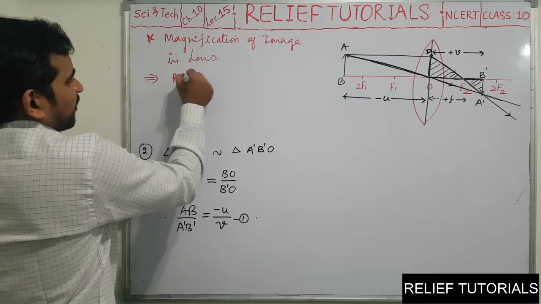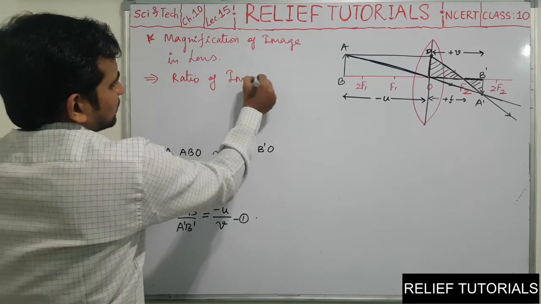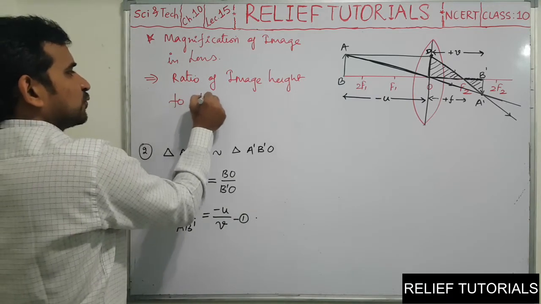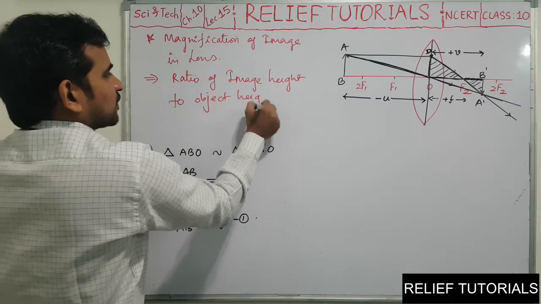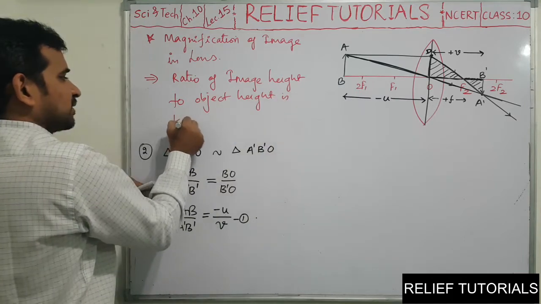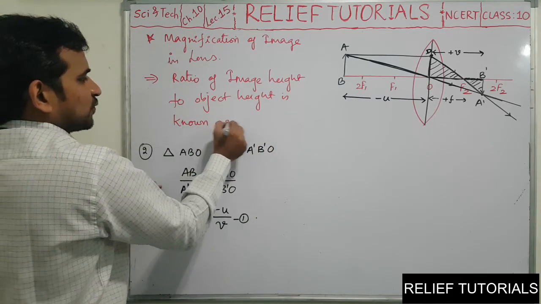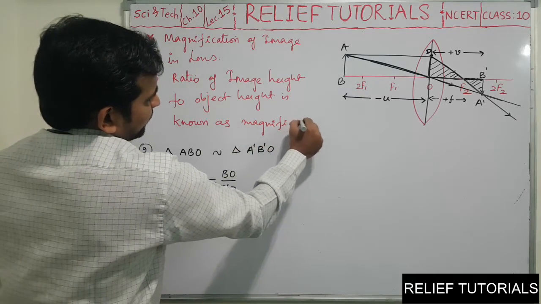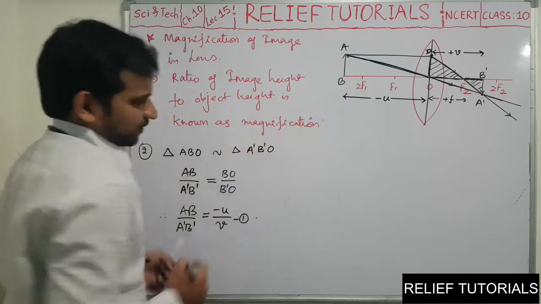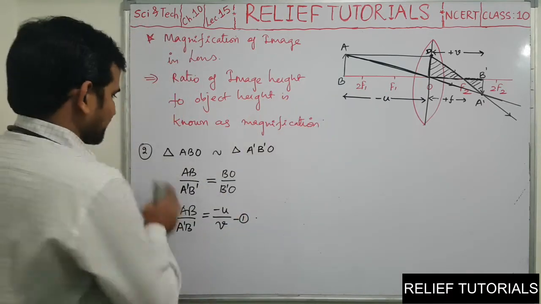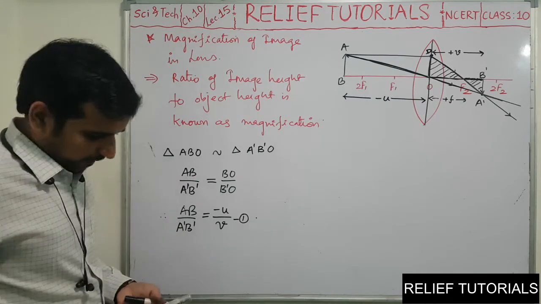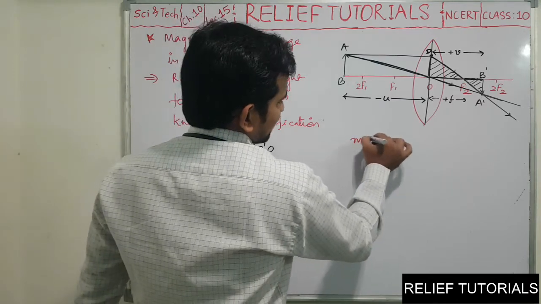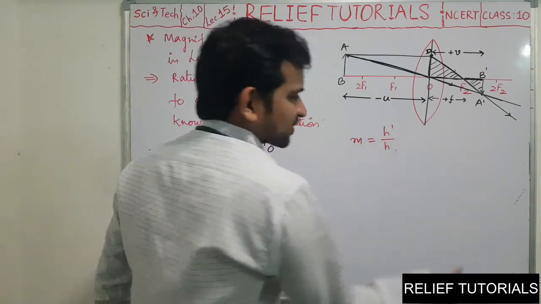Ratio of image height to object height is known as magnification. Same definition as we have seen in the case of mirrors. So how can I write it? Magnification M is equals to H dash by H.